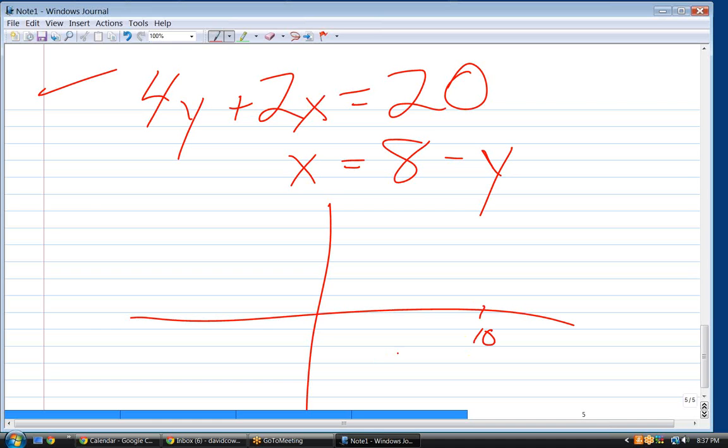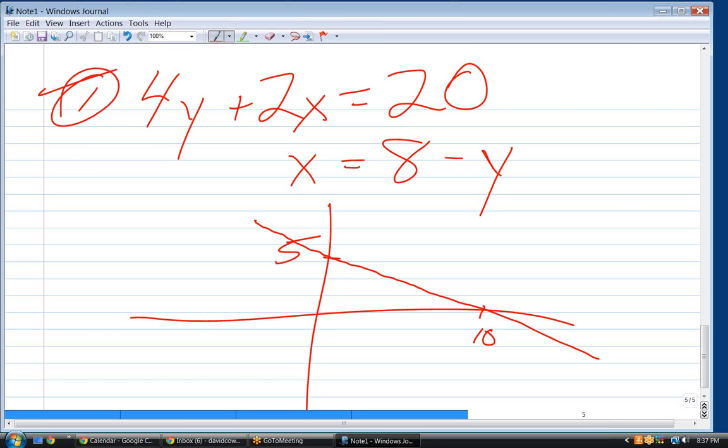To graph the y-intercept, that's where x is 0, right? When you're on the y-axis, x is always 0. So I plug in 0 for x, solve for y, y is 5. So there is the graph of the first line, equation number 1.